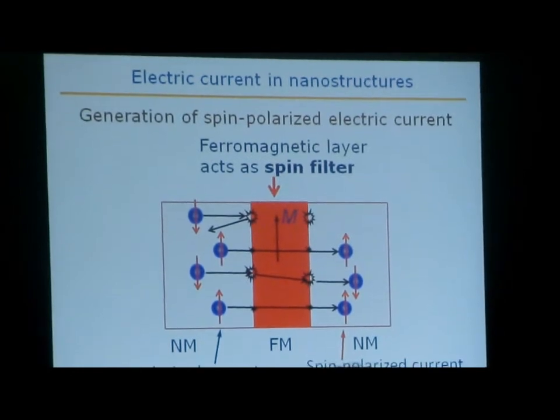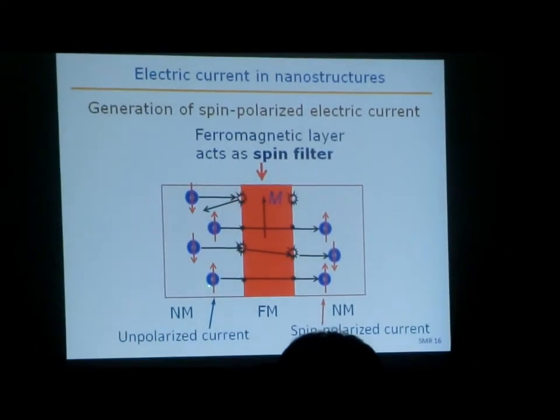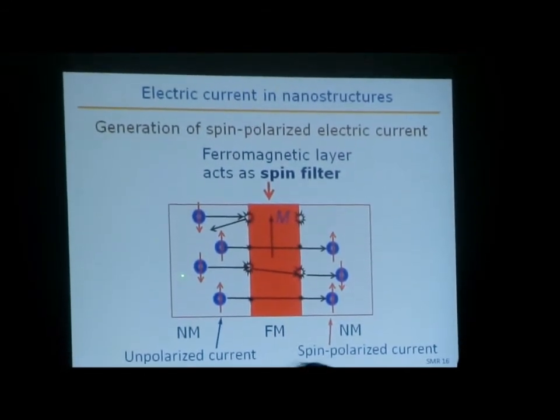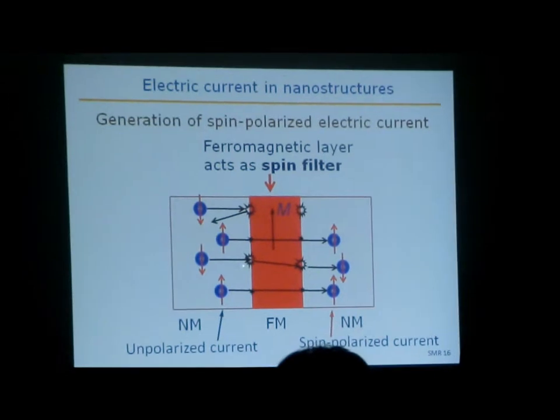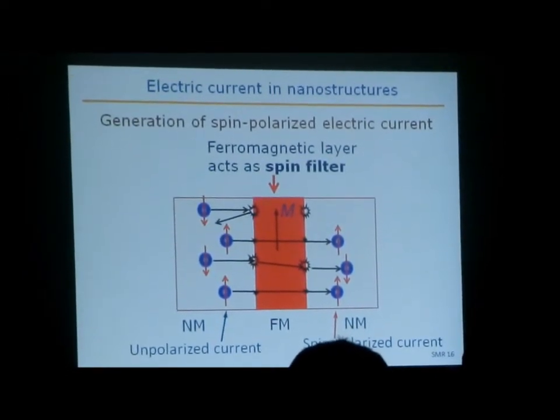Well, let's see how one can generate a polarized current. If we have an unpolarized current, with electrons moving to the right, we have here two spins up and two spins down.